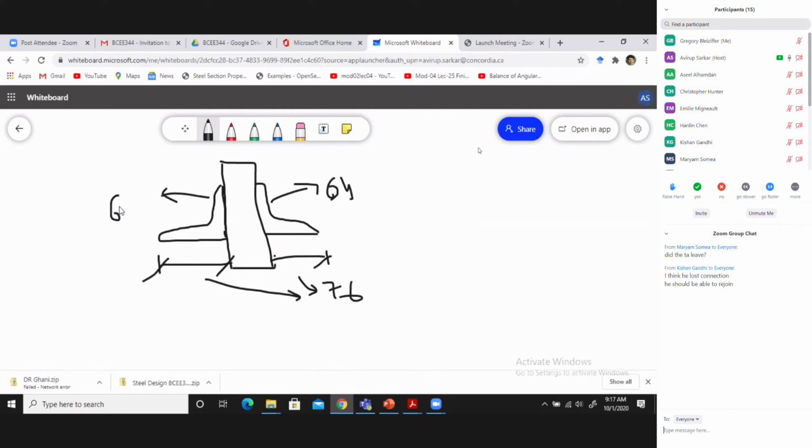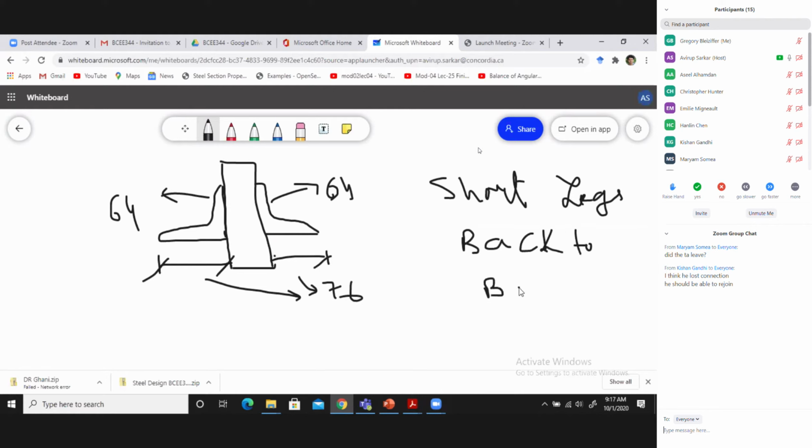So what do we call in that case? In that case, we refer to it as short legs back to back. Okay, so that's basically the difference between long legs back to back and short legs back to back.